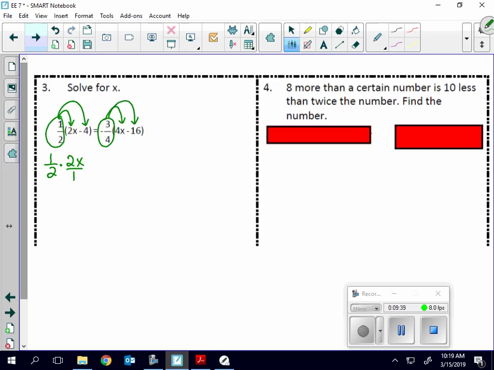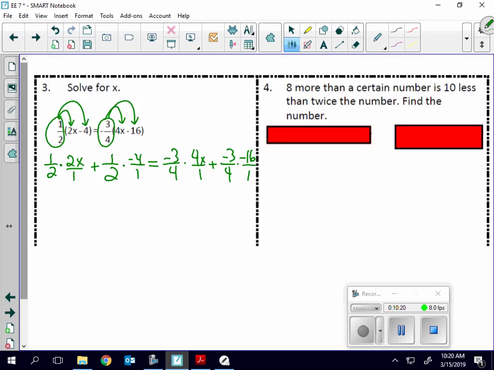Then I am going to add to that a 1/2 times a negative 4 over 1, and that will equal a negative 3/4 times the 4x, so negative 3/4 times that 4x there, put it over a 1 again. And the last term is negative 3/4. So we're going to add a negative 3/4 times a negative 16.